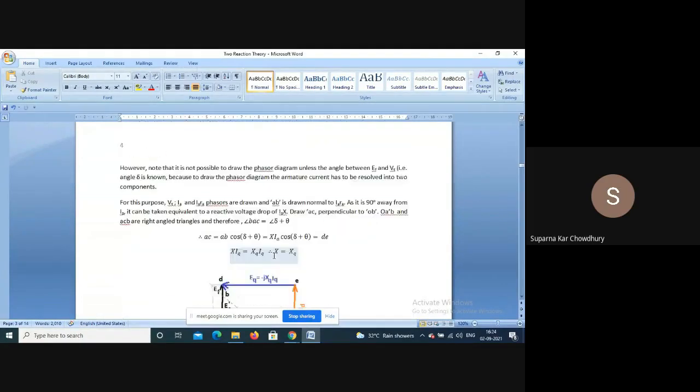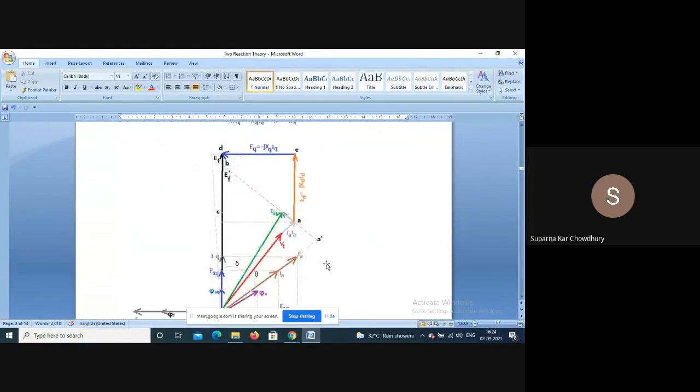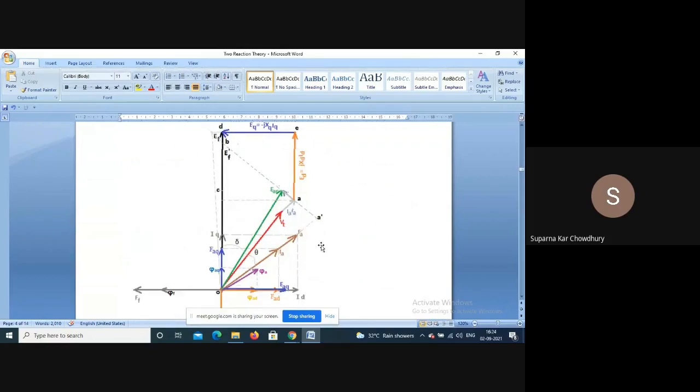So what can be done? One of the methods is this. This is Vt, Ia, theta, this we know. So draw IaRa. From the tip of the IaRa phasor, this line is drawn which is perpendicular to Ia. It cuts this line OD at this point.